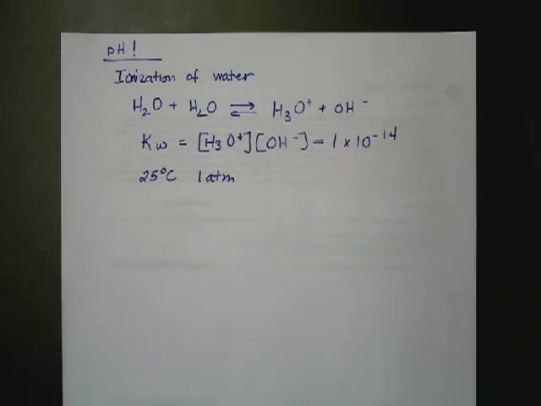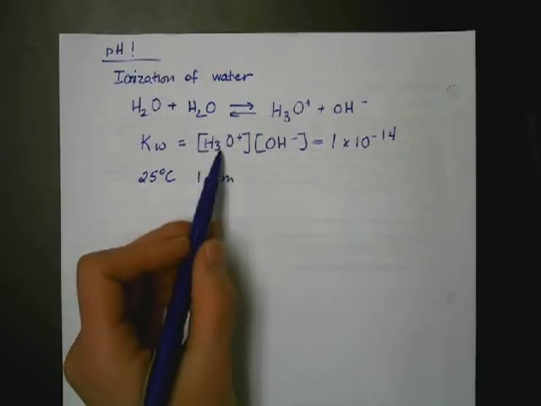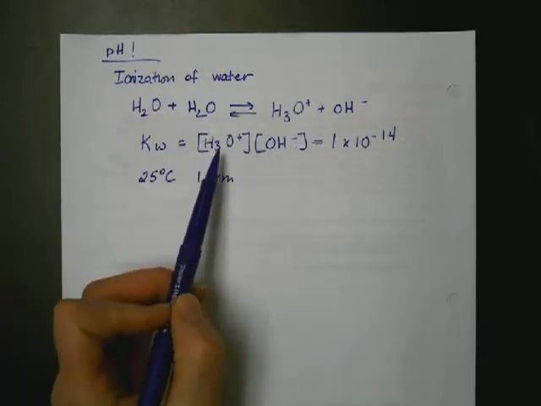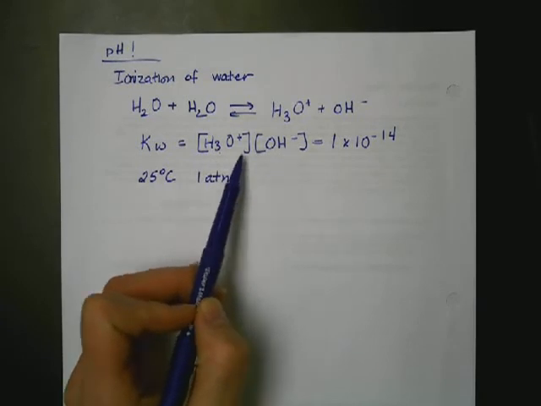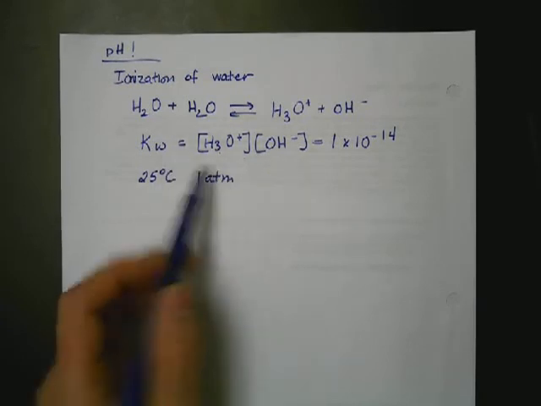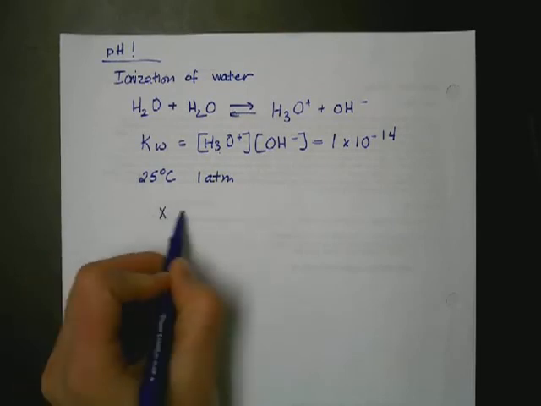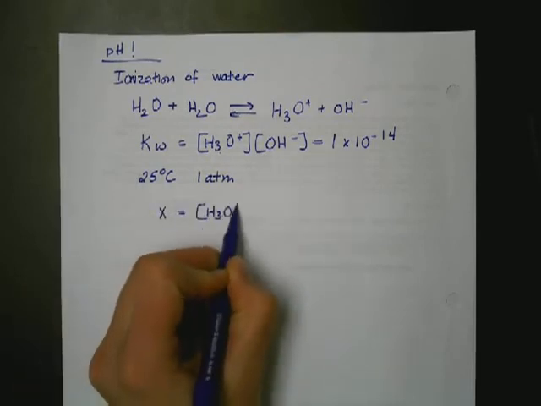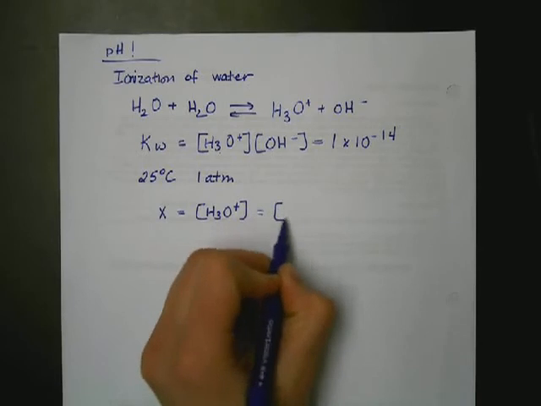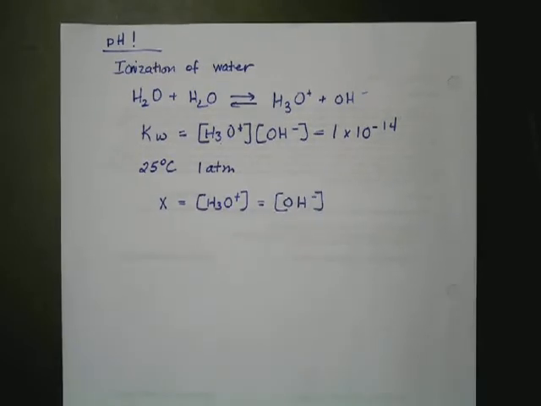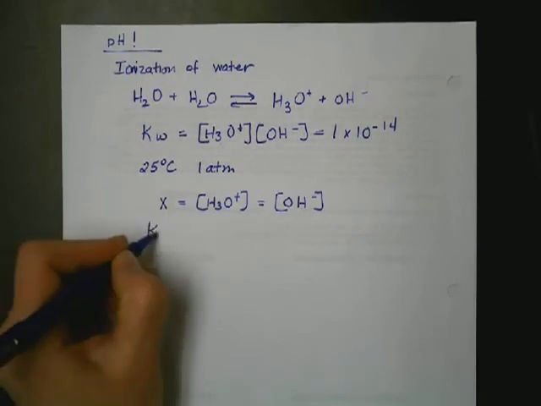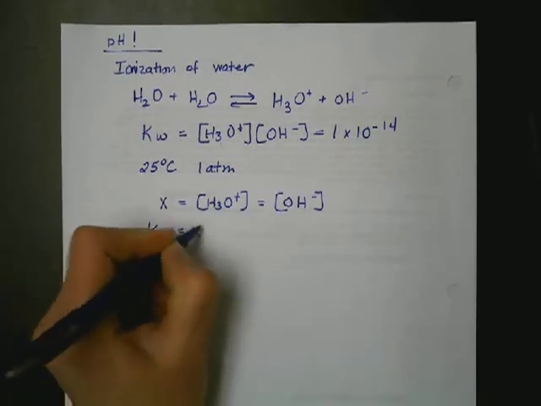So for pure water, you can calculate the concentration of H+. The stoichiometry tells us that for every H+, there's going to be one OH minus. So if I say X is equal to H3O+, then that's also going to equal OH minus, because it's a 1-to-1 ratio. Therefore, Kw equals X squared.